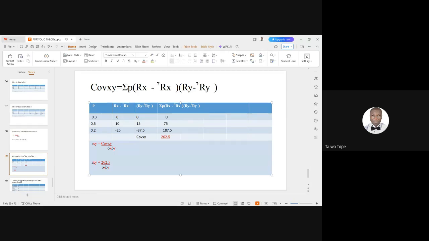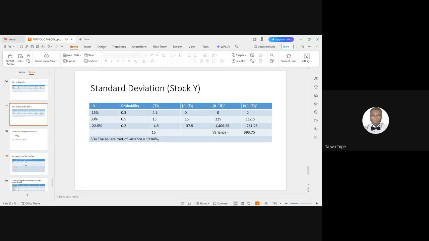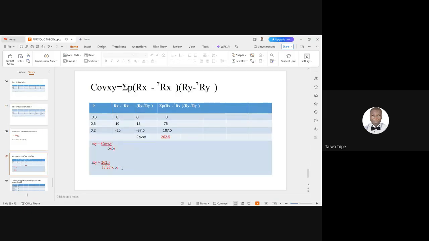So you write 13.23, multiplied by what? The standard deviation of Y. You have it: 19.84. Multiplied by 19.84.